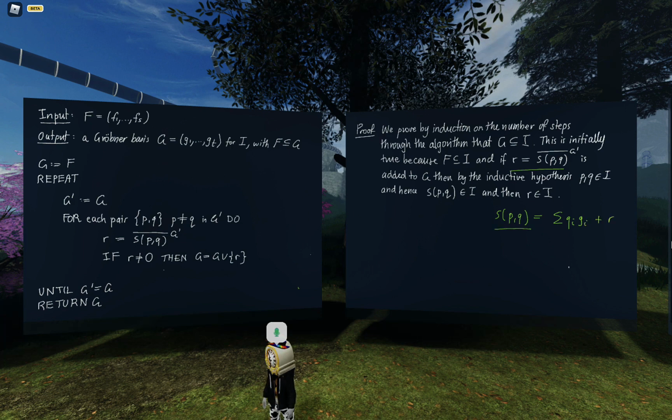But S PQ is in I, and these are all in I by the inductive hypothesis. So then R must also be in I. So that proves the inductive step.